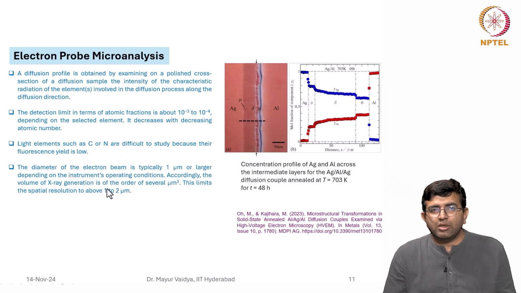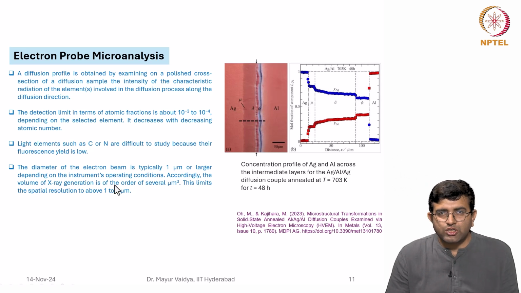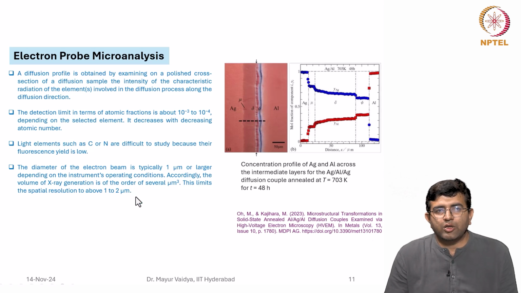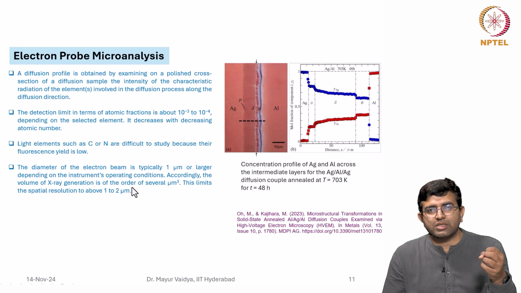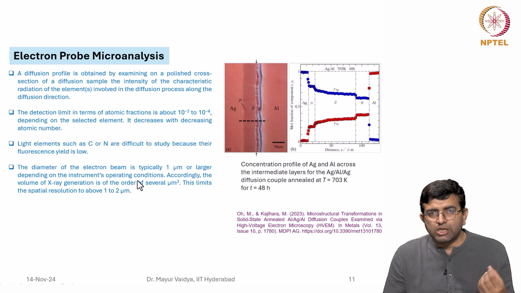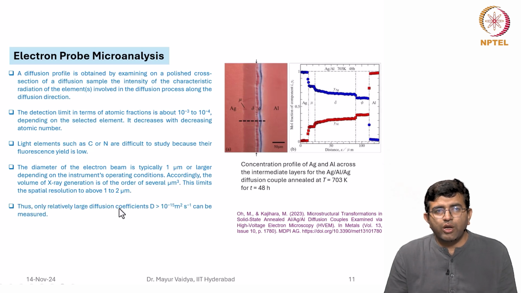So one major thing is that the diameter of the electron beam is actually about 1 micrometer. So the spatial resolution is rather poor in EPMA when you compare with some other techniques like SIMS and so on. Therefore, it is suitable to measure larger diffusion coefficients, D greater than 10 power minus 15.